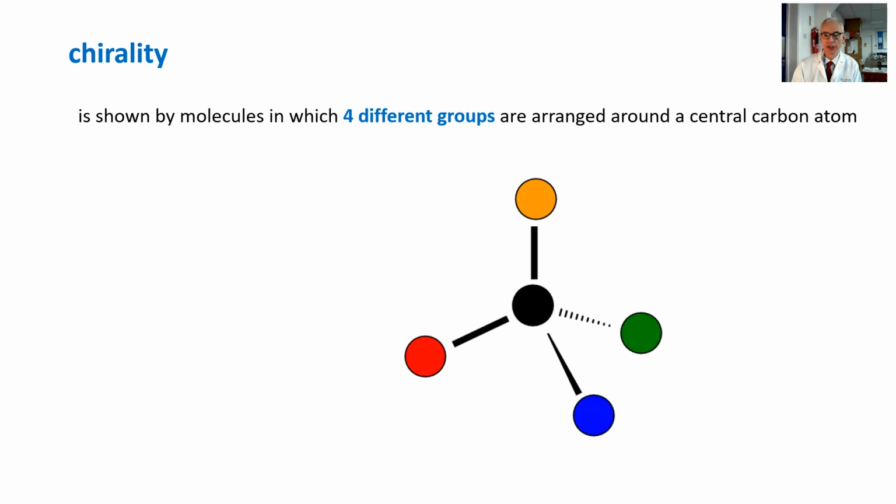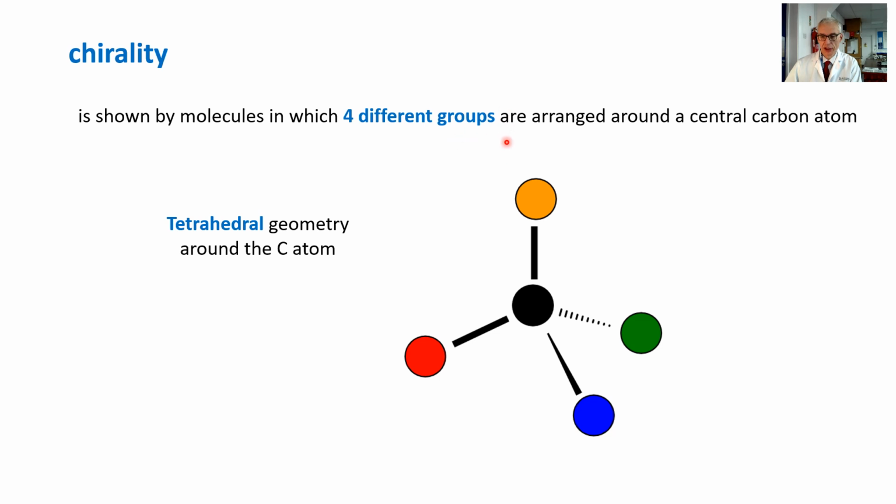So we can represent that in a simplistic way with different colours representing different groups. So red, yellow, green, blue, or type 1, type 2, type 3, type 4. Central carbon. Obviously we have a tetrahedral geometry around the carbon. We've got 4 bond pairs which will repel to form a tetrahedral arrangement.